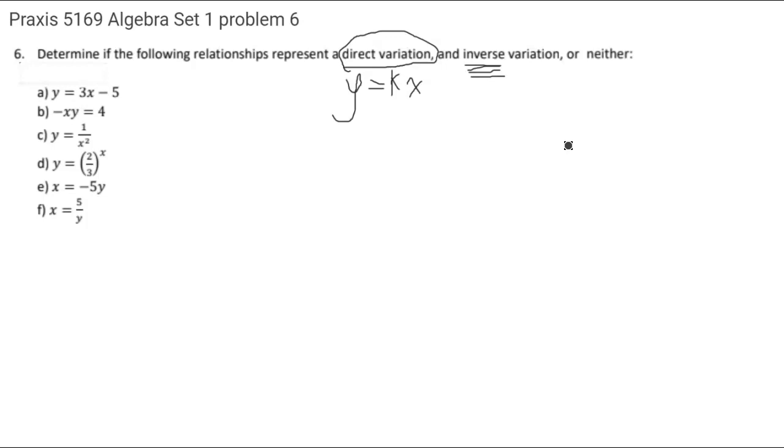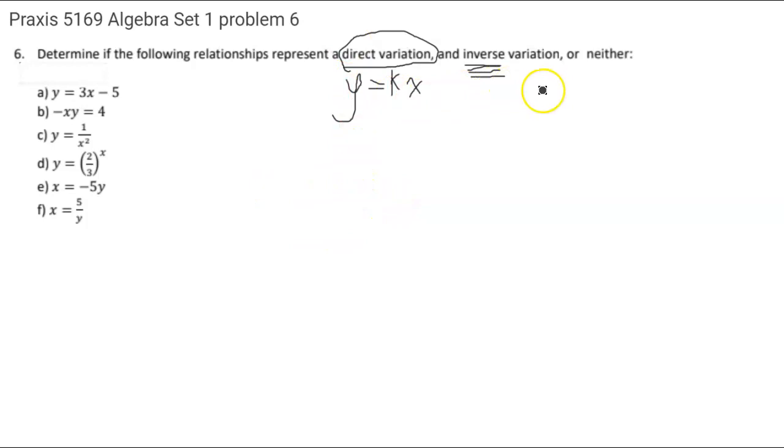If x goes up 10, y goes up 70. X increases from 10 to 15, that's an increase of 5, then y will increase 35, 7 times the 5 that x increased. So basically it's just a scale multiple. Y and x are in perfect scale with each other by that k, that multiple.